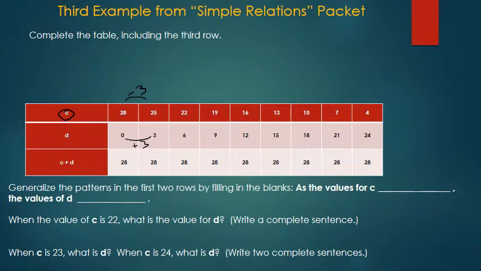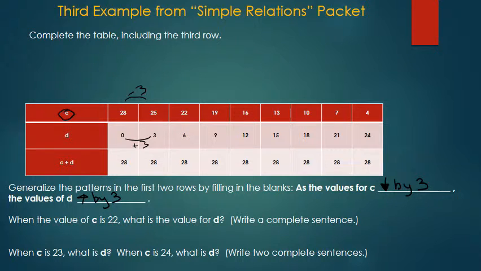So generalize the patterns. As the values for C decrease, go down. So I'm just going to use that arrow again. Decrease by 3. The values of D increase by 3.